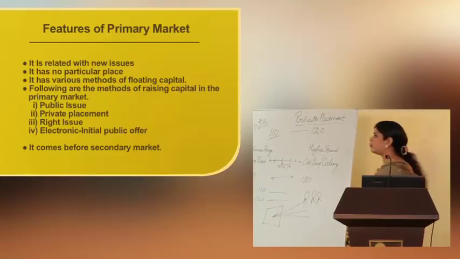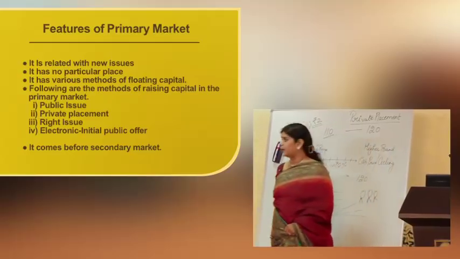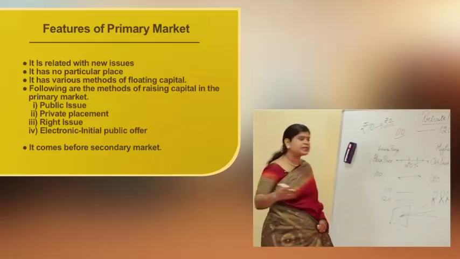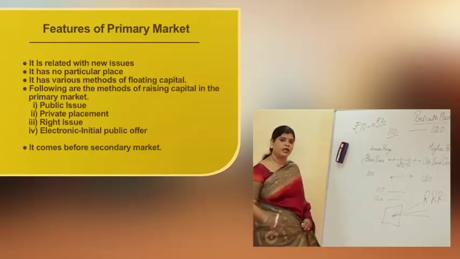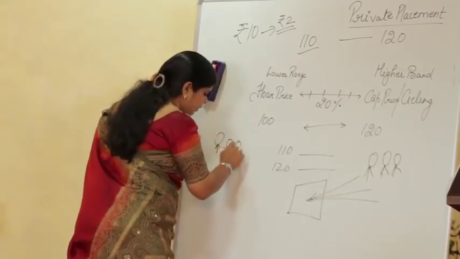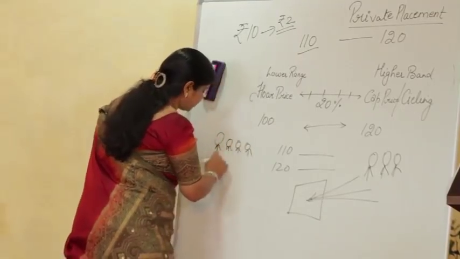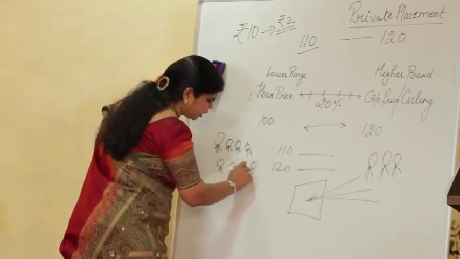The third option for me to raise funds in the primary market is a rights issue. Let's say I have already done my IPO and I already have a set of shareholders. I have already approached the public, allotment is done, and now they are my shareholders.